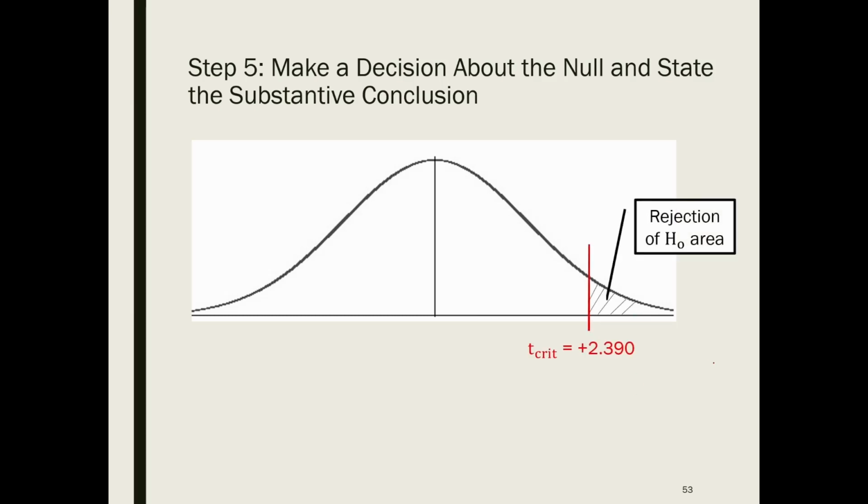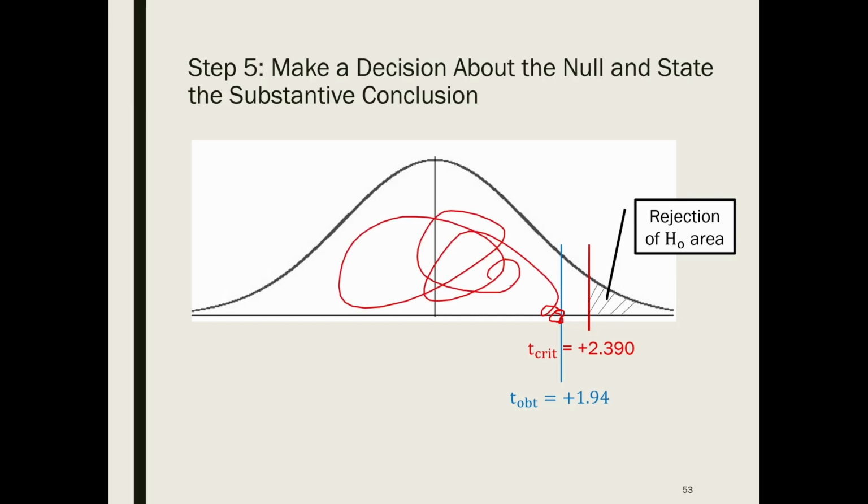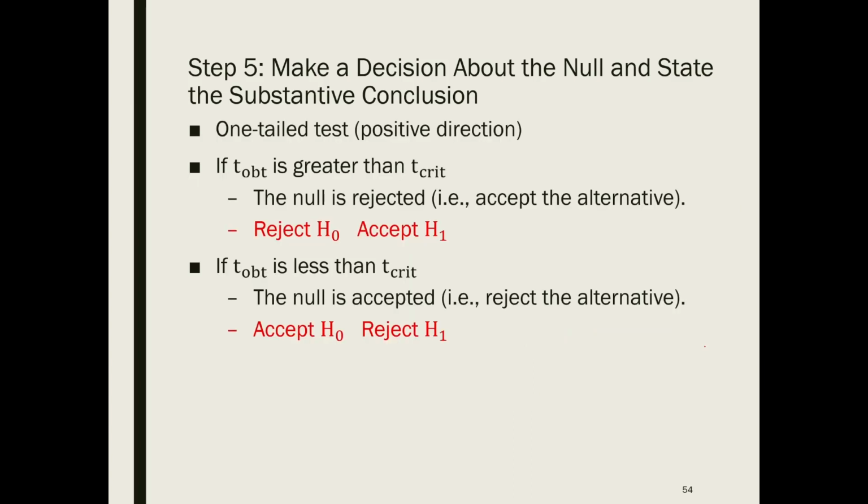Okay, positive 1.94. We mark the t critical here. Rejection area is here. Where is the positive 1.94? It's somewhere less than the t critical. And since it's less than, it's in this area, which is the non-rejection area. So what is your conclusion? Quite simple, right? Again, this is just a repeat. How do we make a decision based on the one-tailed test?